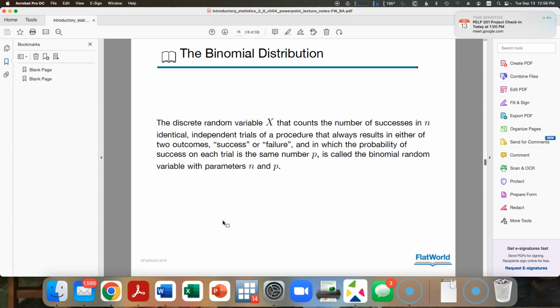So that's the binomial part. Success or failure. That's kind of a classic binomial distribution, right? Or like if you're an electrician, either you've got electricity or you don't have electricity.